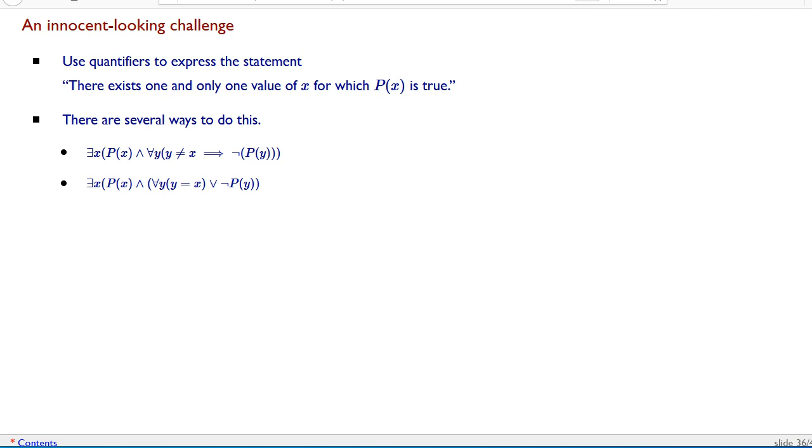So I change y different from x to y equals x. I change implies to or, and I now have the statement, there exists an x for which p of x is true, and for all y, either y equals x or p of y is false. That's pretty good, but we can do better yet.